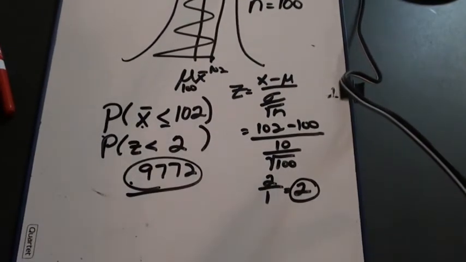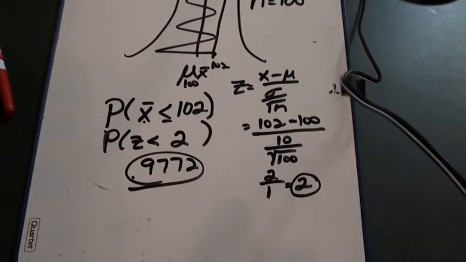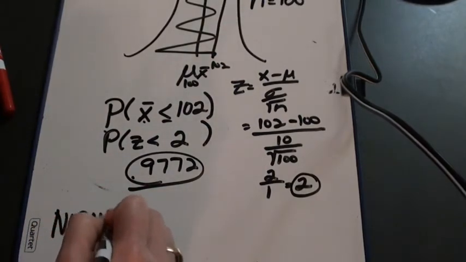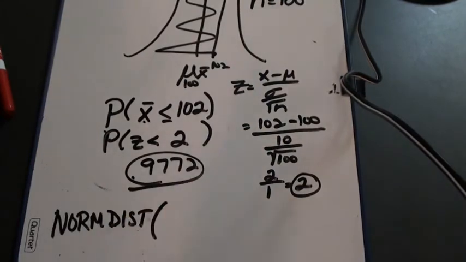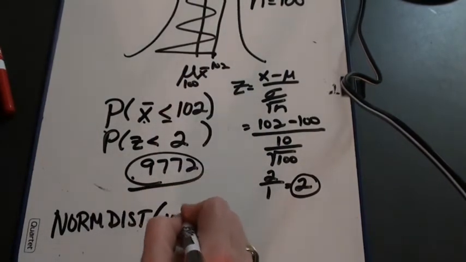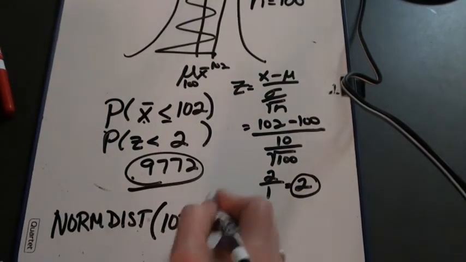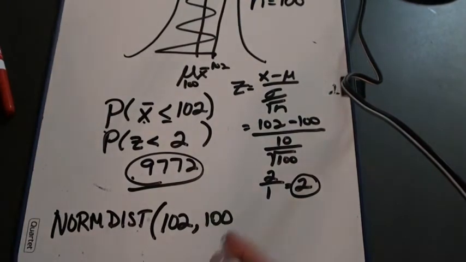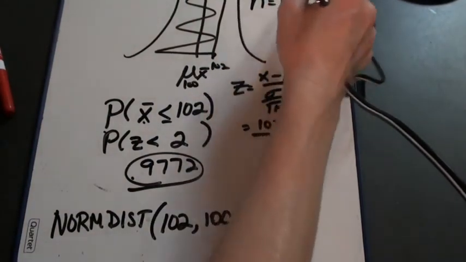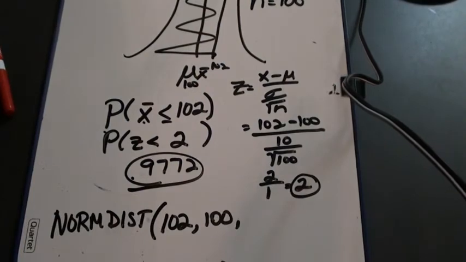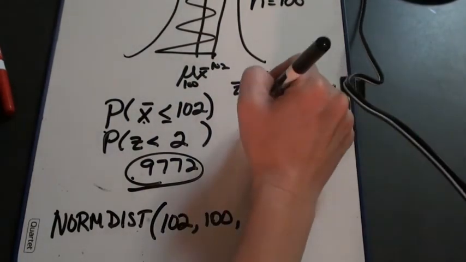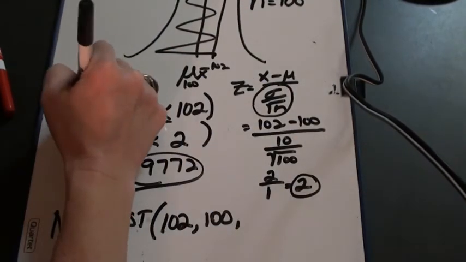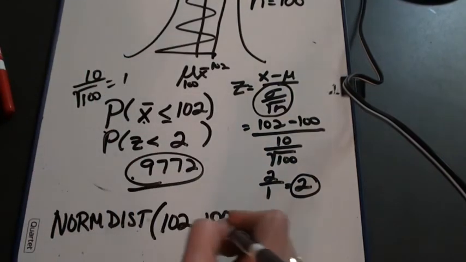So let's look at how we would have done this using Excel, because I'm sure that's what most of you are doing. We're going to do it just like we did before, using the norm distribution function. This time we'll still put our 102 in there, and then we'll put our mean in there just like before. Now here's the difference. Instead of putting the standard deviation, you're going to put the standard error, which is this part right here, 10 divided by the square root of 100, which is going to be 1.